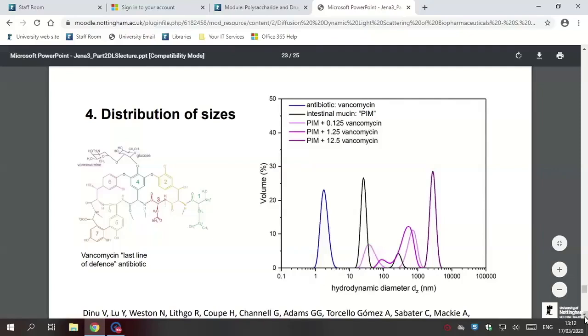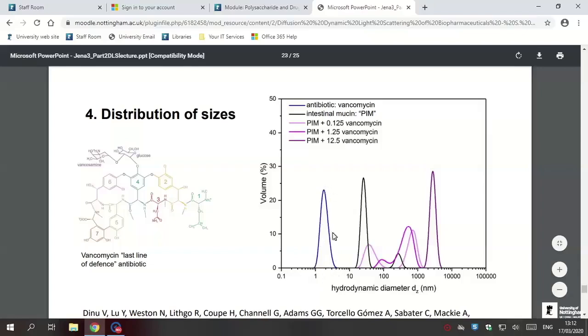So vancomycin is an important antibiotic. It's a very small molecule. Its molecular weight is 1500. So when we use DLS, it comes out as a very small molecule.